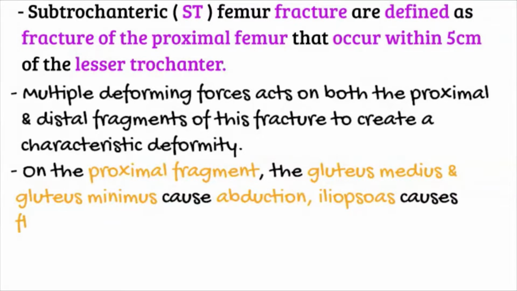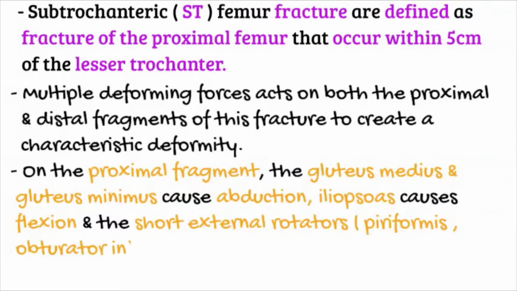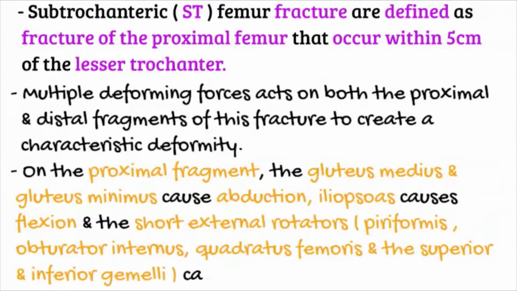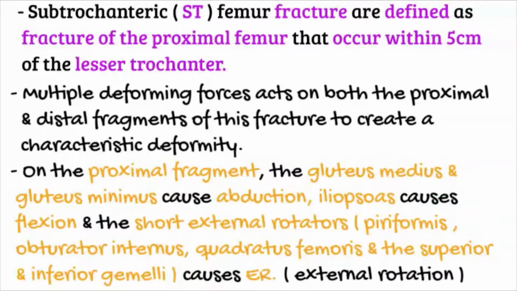deformity. On the proximal fragment, the gluteus medius and gluteus minimus cause abduction, iliopsoas causes flexion, and the short external rotators, that is the piriformis, obturator internus, quadratus femoris, and the superior and inferior gemelli, cause external rotation.